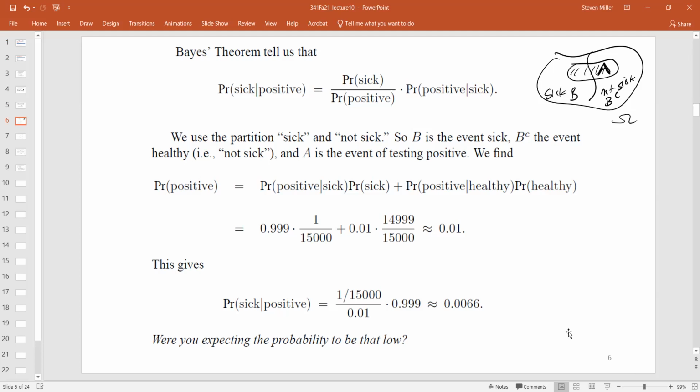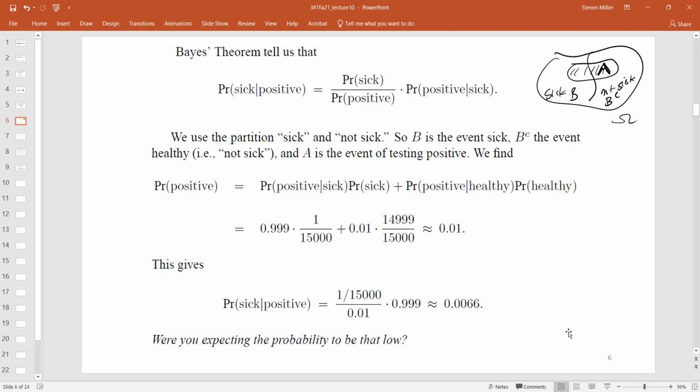So we want to figure out what is the probability of being sick, given that you have a positive result. If we're sick, we're in B. If we're not sick, we're in B complement. Might have misspoke. Right. So let's find the probability that we're positive.